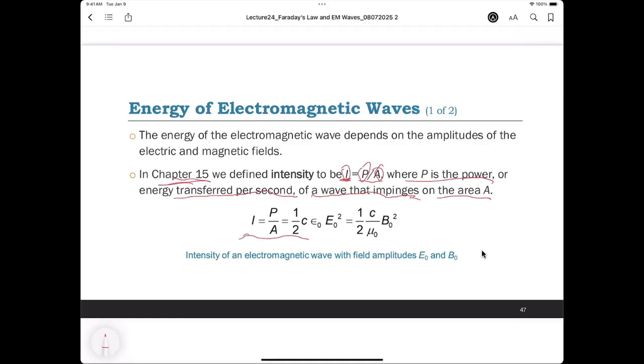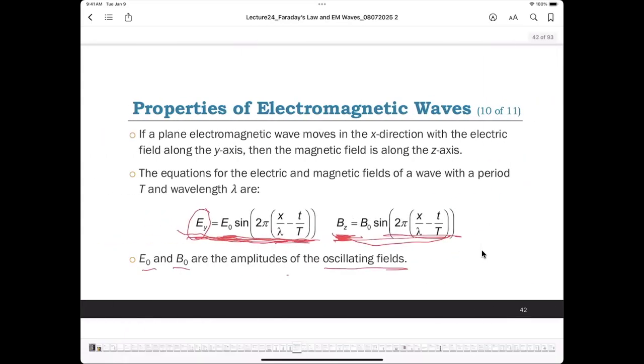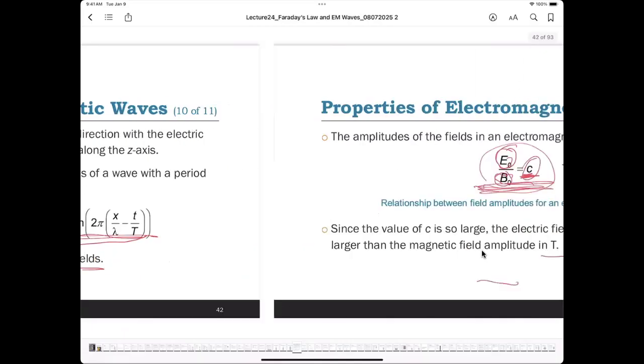And then we have this equation: I equals P divided by A equals one half c times this constant times E0 squared. We just talked about this. Do you remember? E0 and B0 are the amplitudes of the oscillating fields, which means the maximum electric field and the maximum magnetic field.